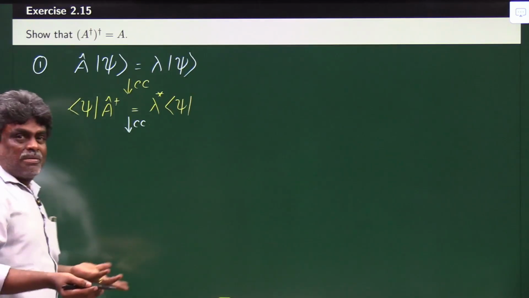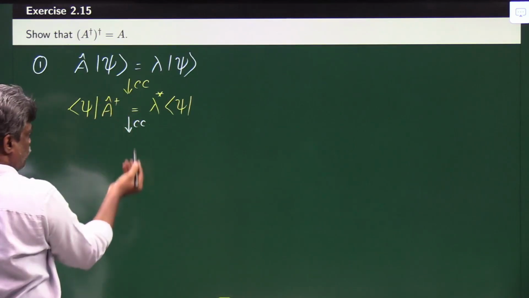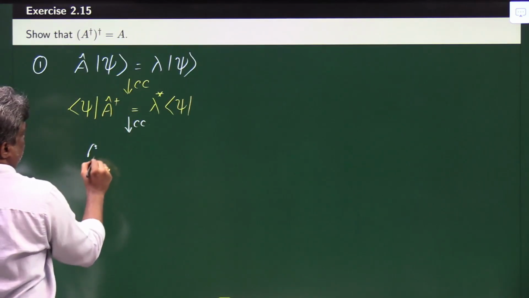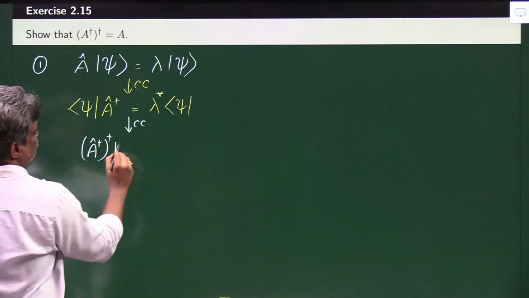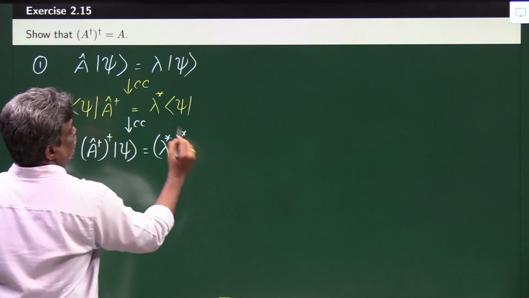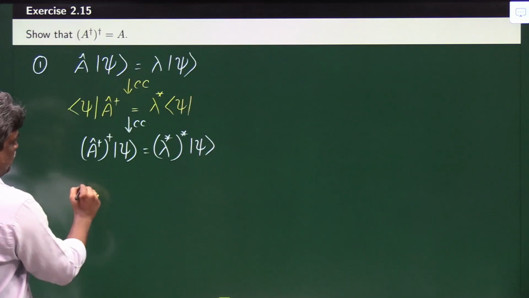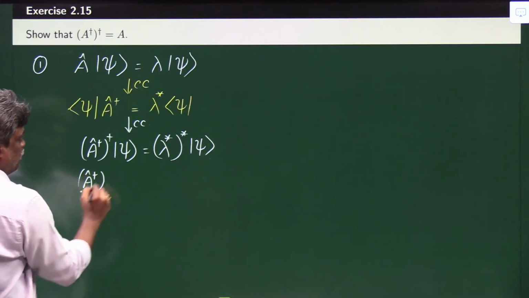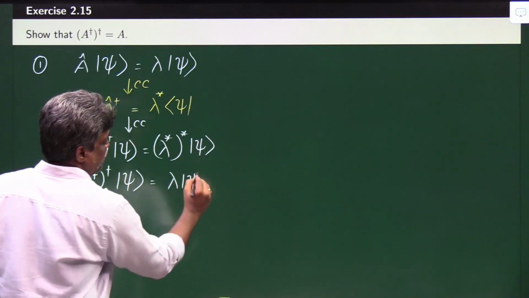So again, one more time if you apply dagger, this bra will become ket, and this will get a whole dagger again. So that means A dagger, whole dagger, and this bra vector will become ket vector, and this lambda star whole star, and this ket will become a bra. So finally, if you observe carefully, A dagger whole dagger ket psi equal to, again we got lambda psi.